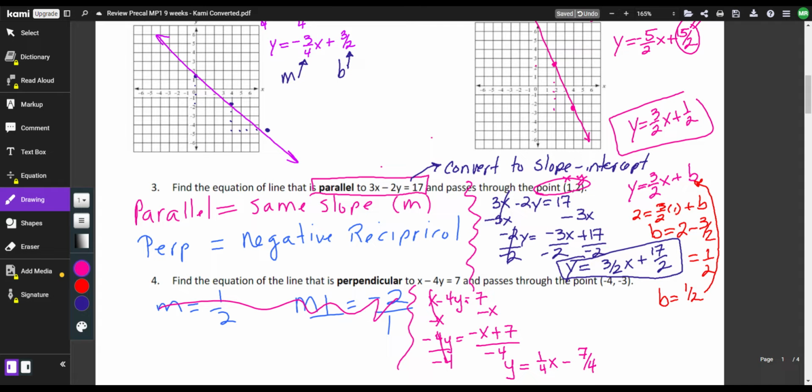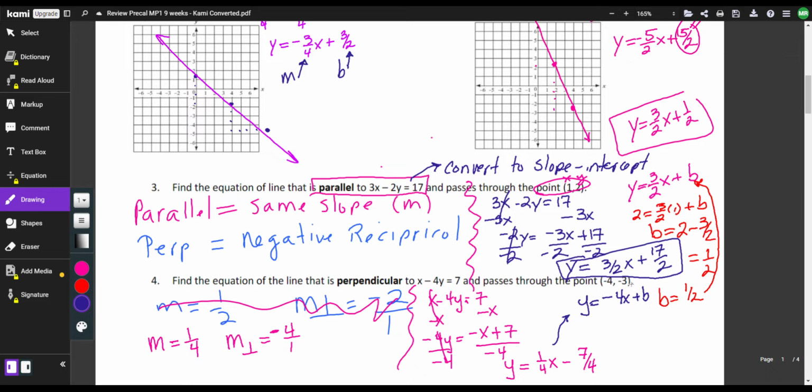In perpendicular lines, if the slope of the original line is 1/4, then the slope of the perpendicular line is the negative reciprocal, which means we flip the fraction and we switch the sign. So now we know that the new equation is going to be y equals negative 4x plus some b that we don't know yet.